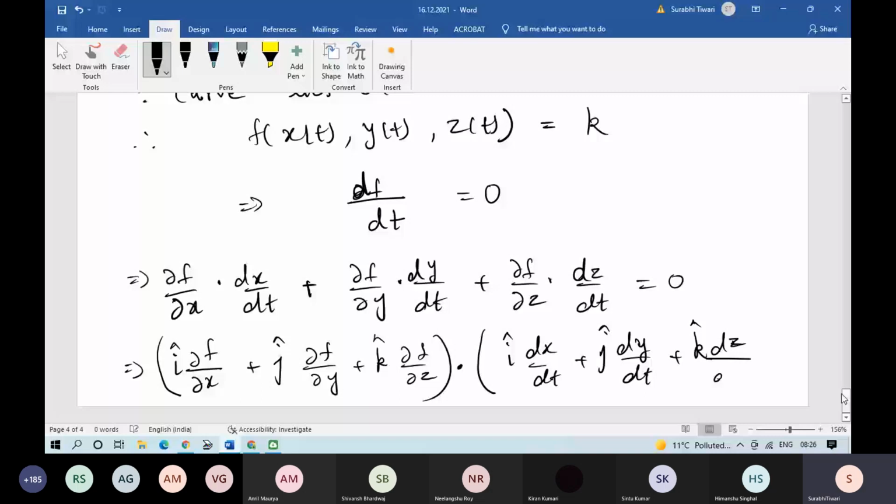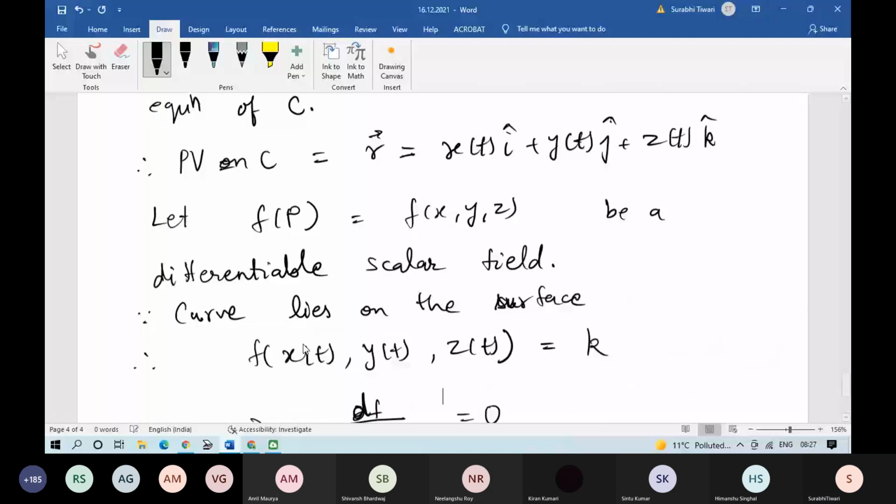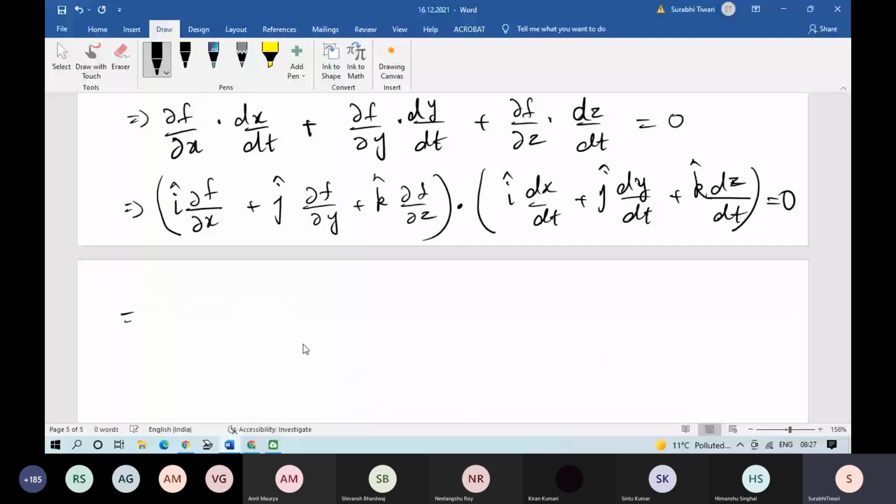The above line is the dot product of these two vectors. Now what are these two vectors? What is the vector in the first bracket? This is the gradient of f. And what is the vector in the second bracket? This is the value of r dash t. Now this is equal to 0.